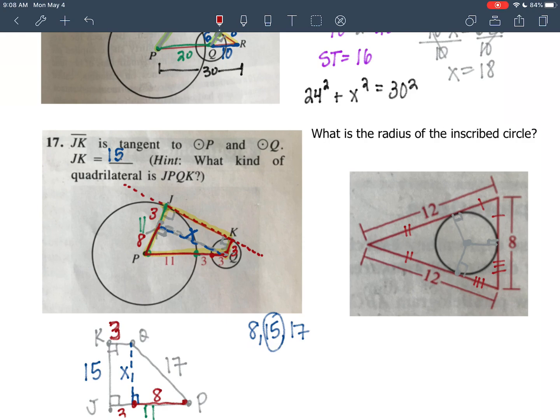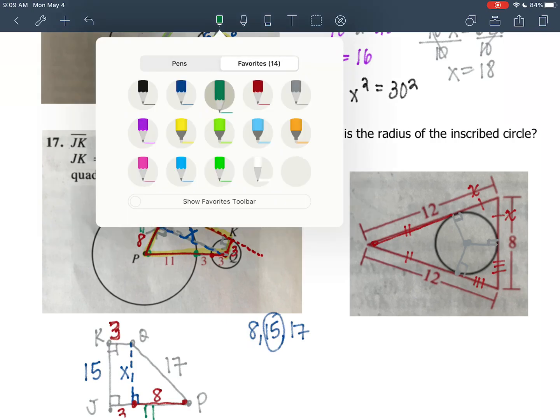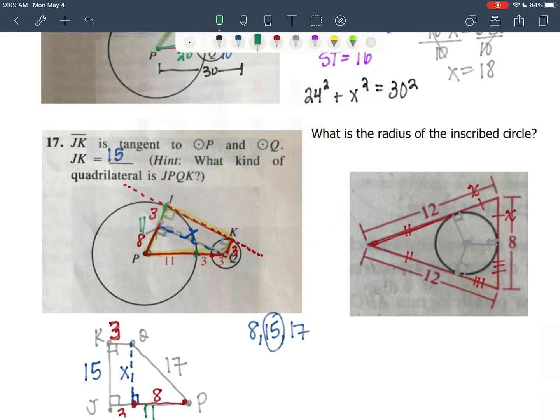So if I say that this is x and this is x, and if that length is x, then the remaining length that I'll do here in green, let's show my favorites so I don't have to keep doing that. So that means that this length is going to be 12 minus x, and this length will be 12 minus x. It's kind of a cool thing.